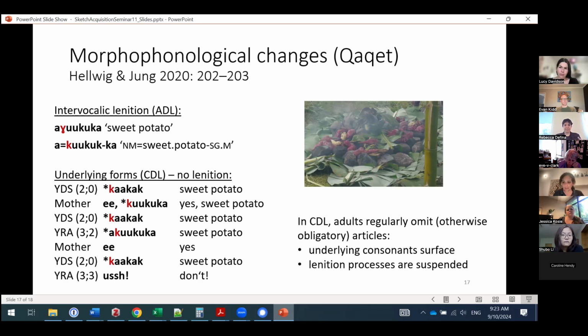And she could see that this was actually the underlying plosive appearing rather than a change from a fricative into a plosive for child-directed speech, because in other cases, in other words, the fricative would appear here. So it wasn't just a generalized process of substitution.